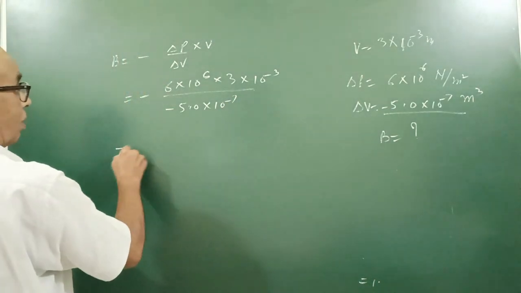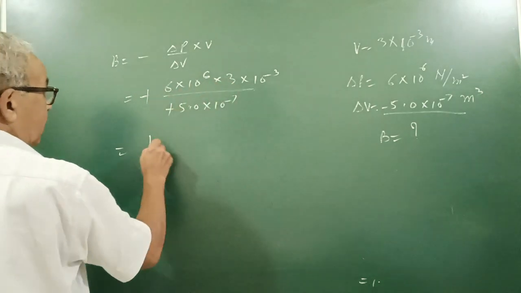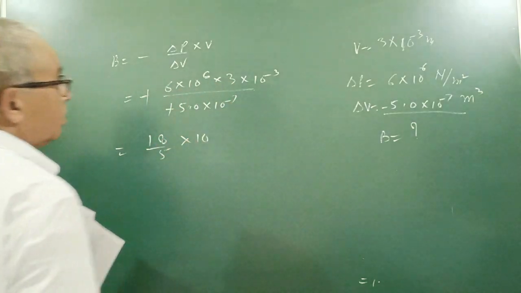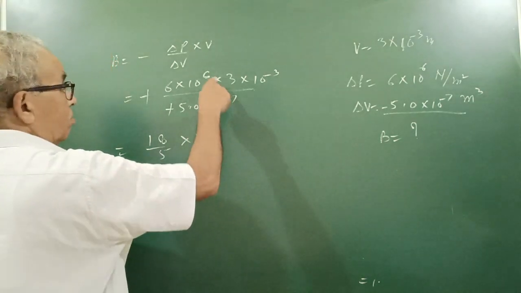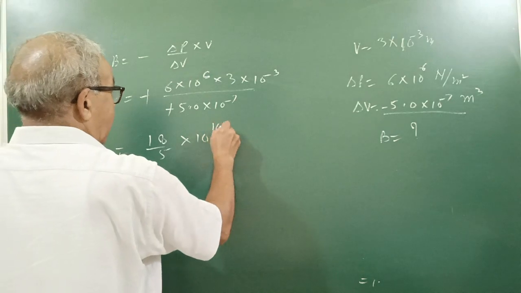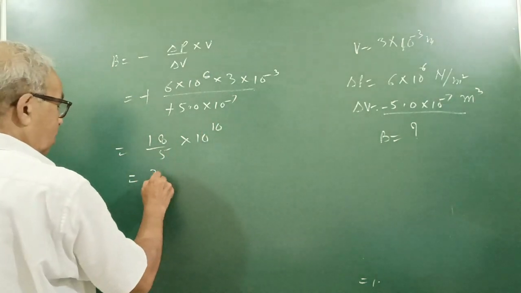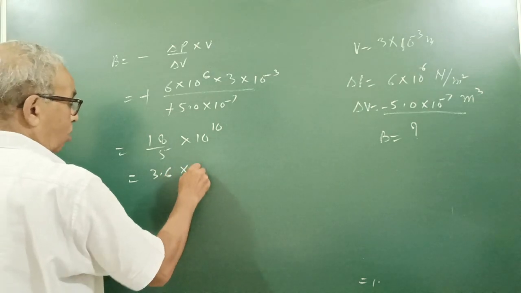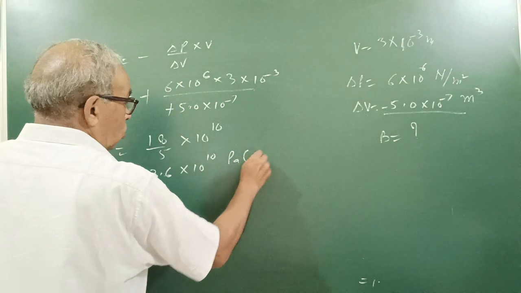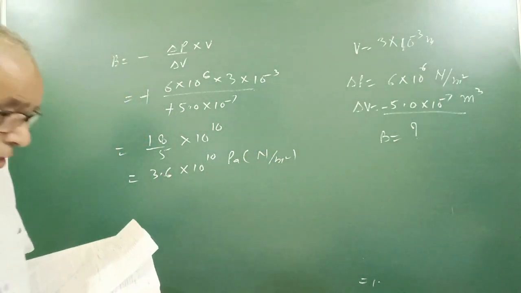So how much will it come? It is 18 upon 5 into 10 to the power 6 plus 3 minus 7, that is 3.6 into 10 to the power 9 Pascal or Newton per meter square. This is the answer here.